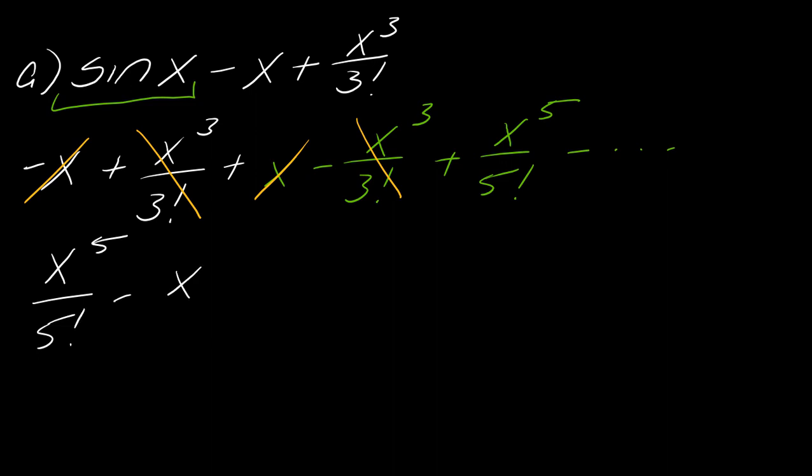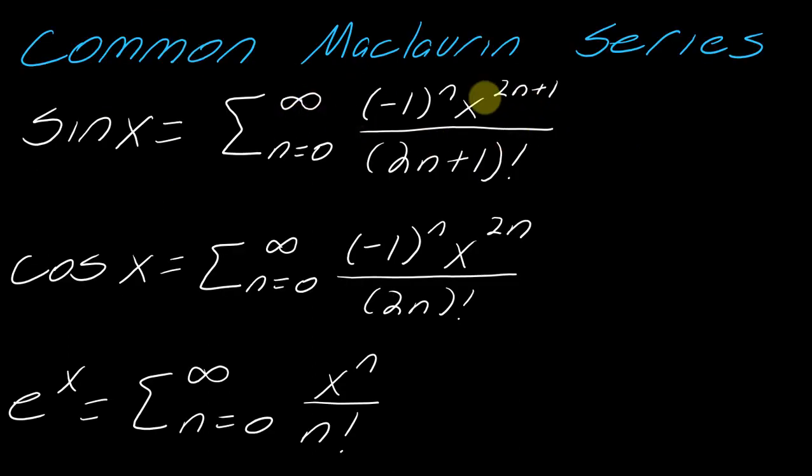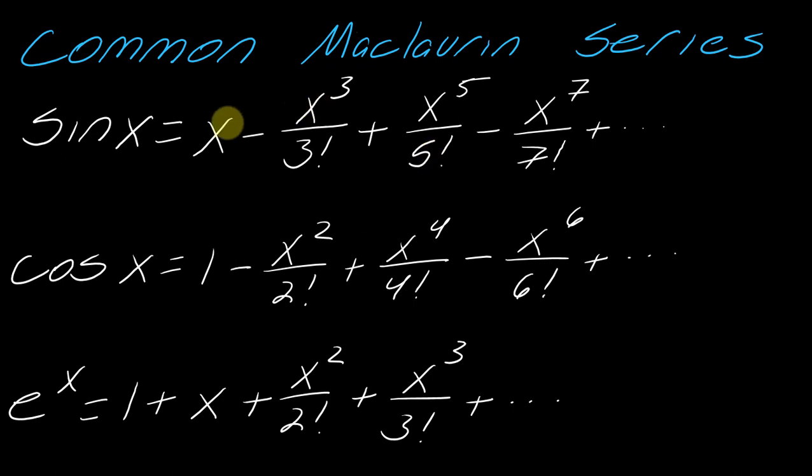If I wanted to write this in series notation, how could I do that? Well, I can still just use this series notation. But now, instead of starting at 0, I want to re-index to ensure that I start at the right term. These two terms canceled out, right? So I want to start at this term.